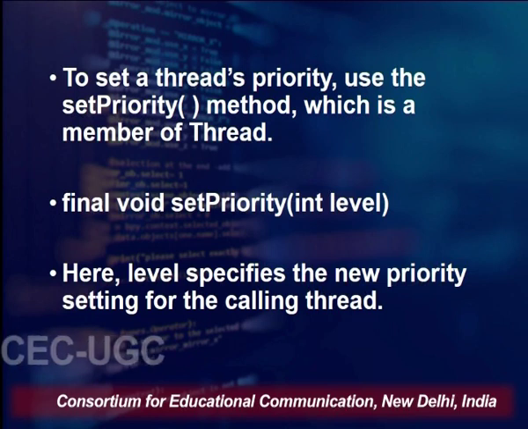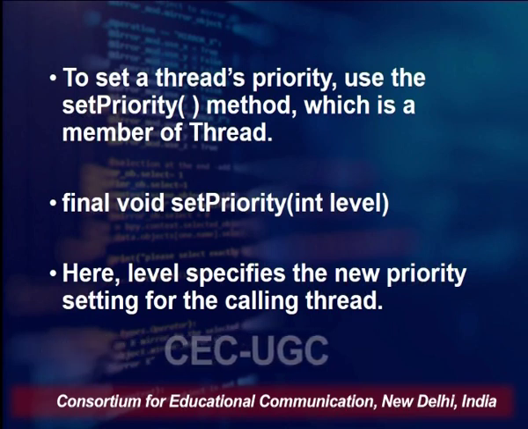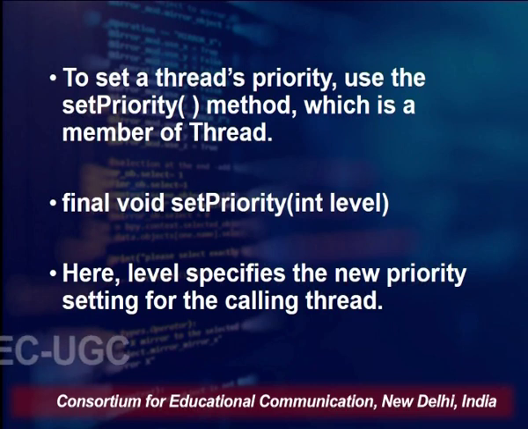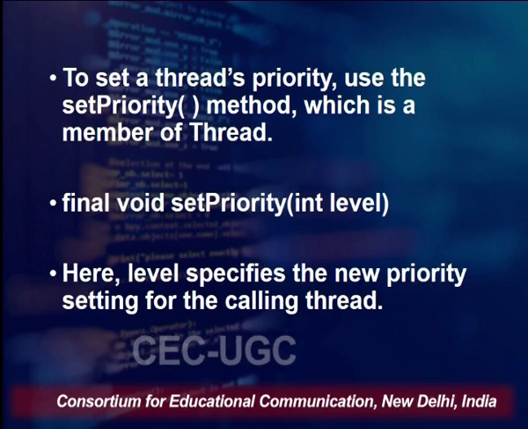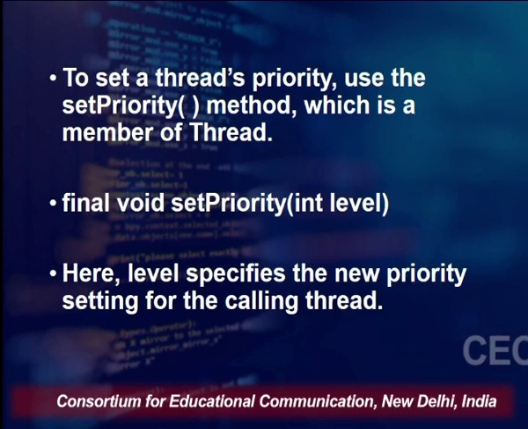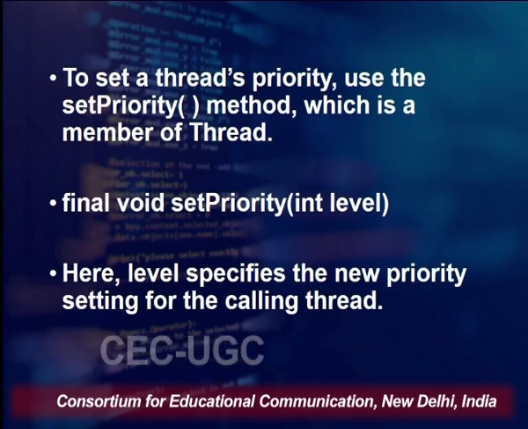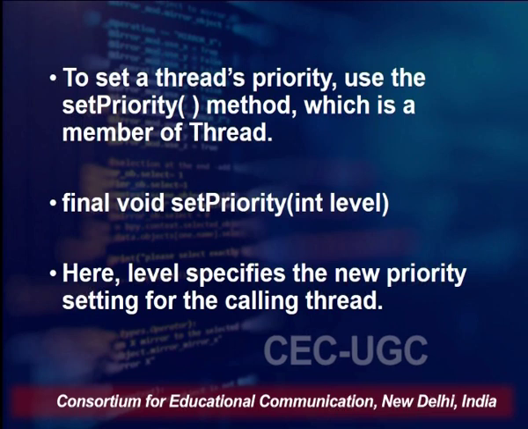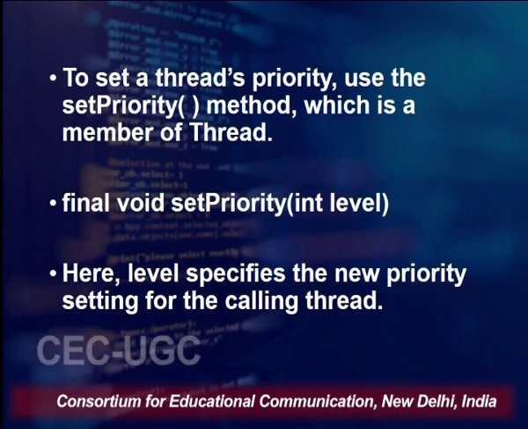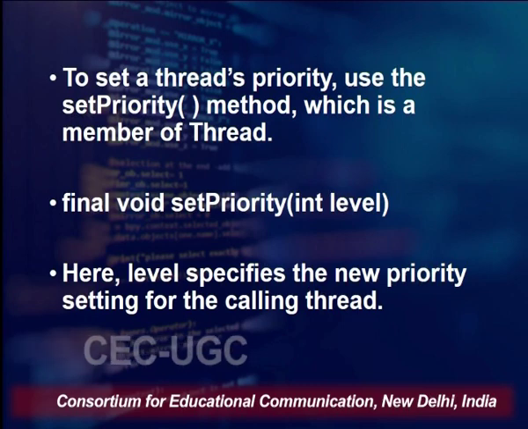The general form is final void setPriority(int level). It is not going to return anything, so the return type is void, and the integer priority level goes in as the parameter. Level specifies the new priority setting for the calling thread.